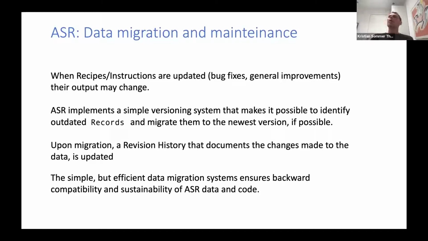This is actually more than just data provenance, because this is a dynamic data provenance that also makes sure that old data can be brought up to date with the newest version of the ASR. And that's important if you have an old project that you want to continue, that you can take that old data and bring that up to date so that you can continue the project with that data.